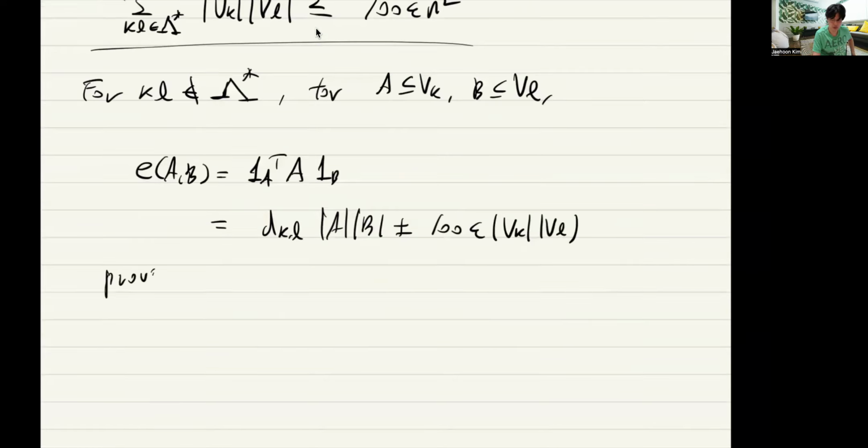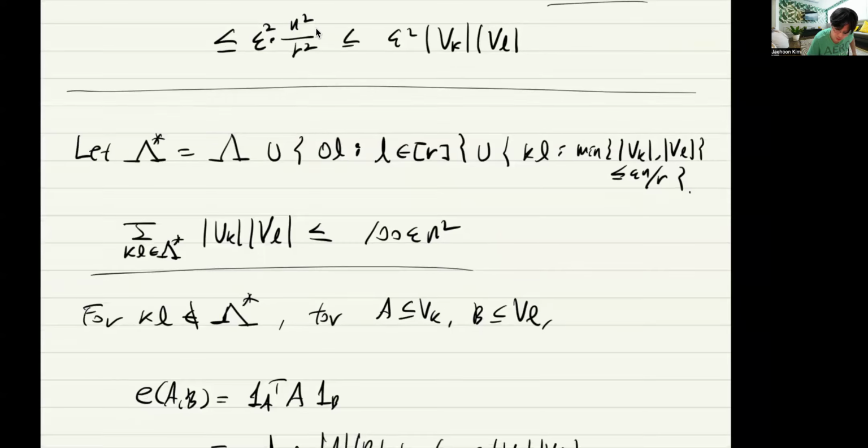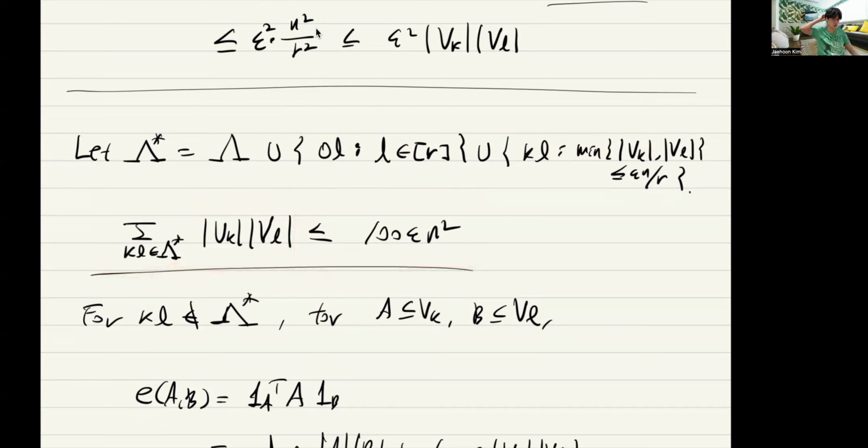And it proves the 100 epsilon regularity of this pair VK and VL. And that's exactly what we wanted to show, that this holds for most of the coordinates, and then the exceptional ones, if you measure them, are small. So that's the definition of a 100 epsilon regular partition, and that's true.